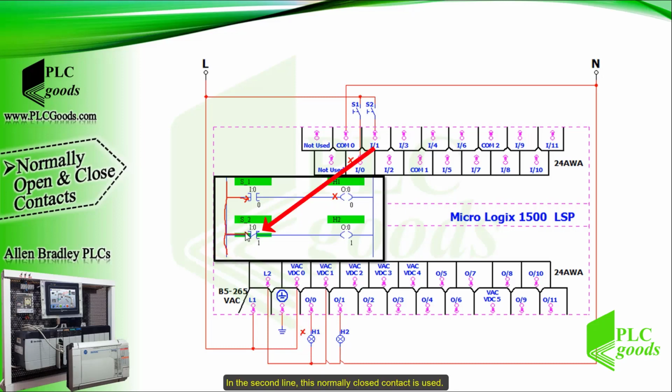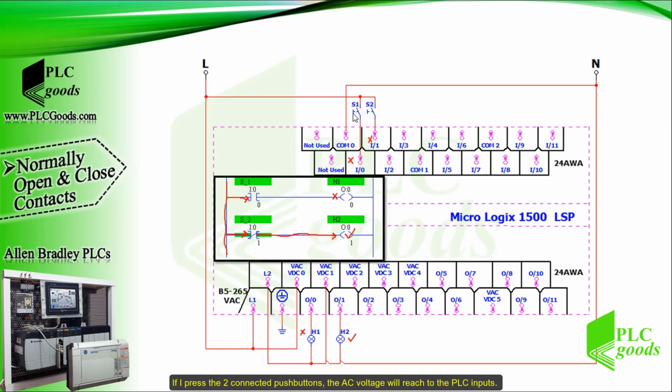In the second line, this normally closed contact is used. In normal conditions, its related PLC input is inactive and it remains closed. So, at this line, the virtual power is reaching the second output and it turns it on.